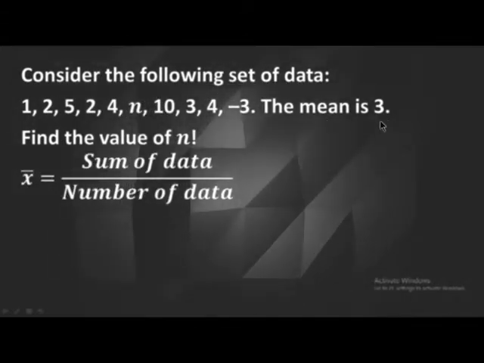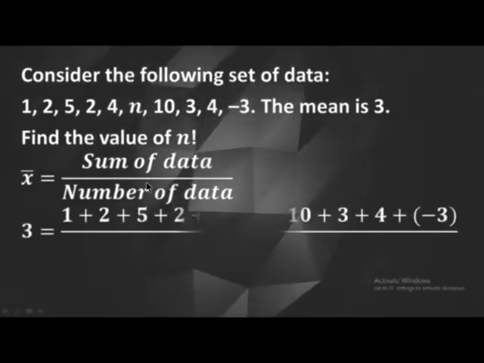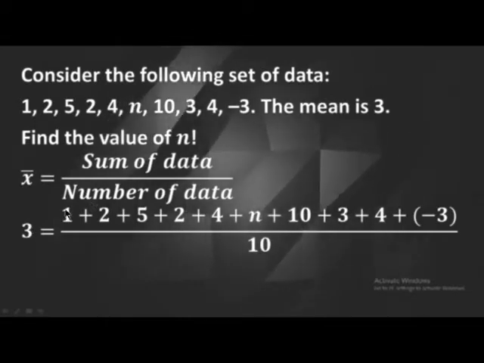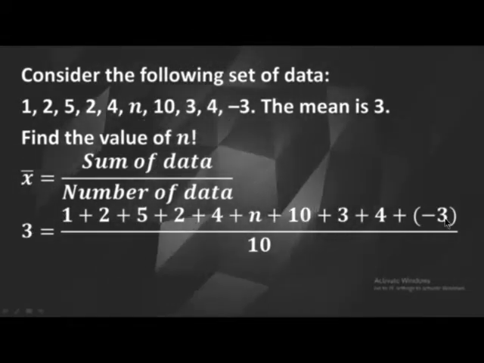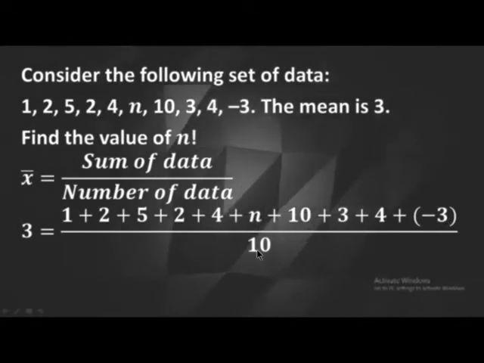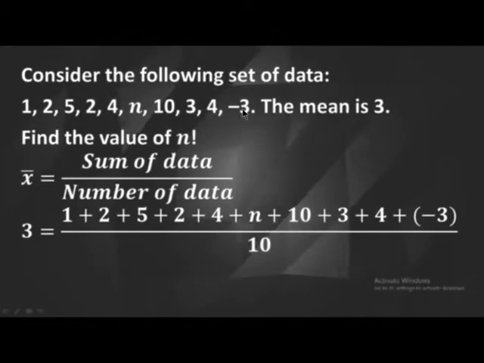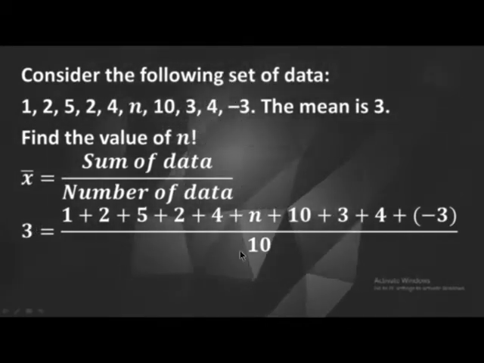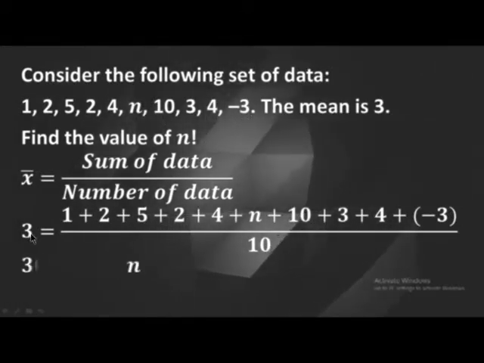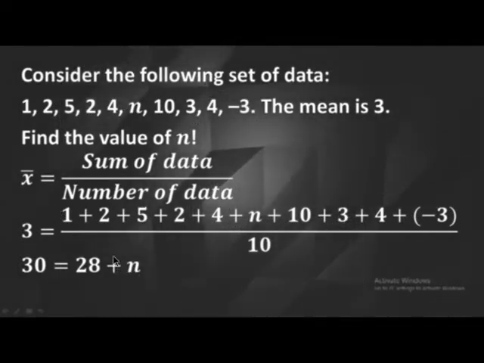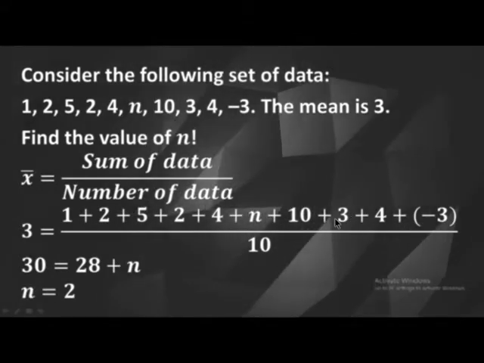So this is the formula of mean: 3 equals, since we know the mean, the sum of the data, adding all these numbers together, per 10 because there are 10 data. 1, 2, 3, 4, 5, 6, 7, 8, 9, 10. There are 10 numbers. So we make a cross multiplication. We multiply 10 with 3. We get 30 equal to 28 plus n. 28 comes from the sum of these numbers. So n actually equals 2.